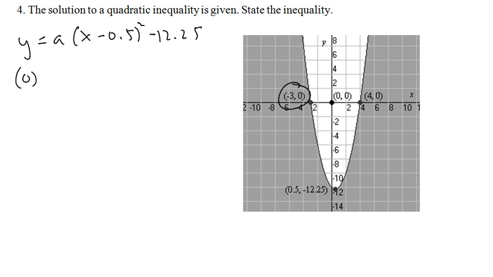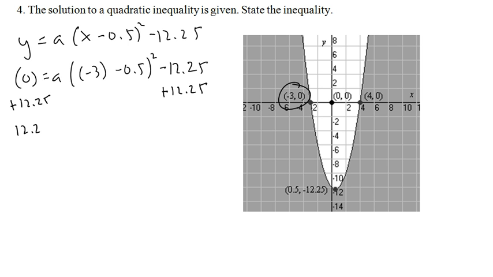So we end up with 0 equals a times (-3 minus 0.5) squared minus 12.25. So let's add 12.25 to both sides. So I get 12.25 equals a times (-3.5) squared, which is, not surprisingly, 12.25 a. Divide both sides by 12.25. We get a equals 1.